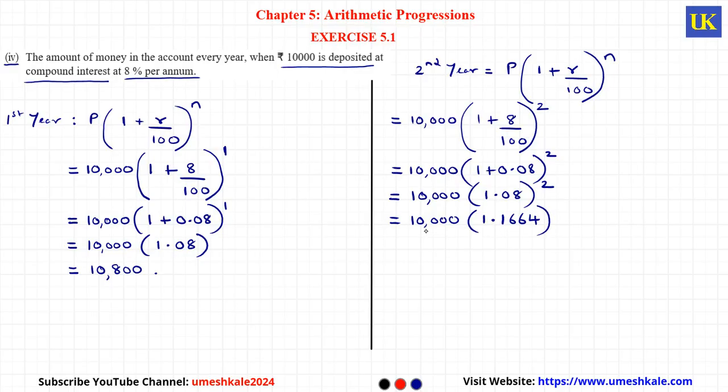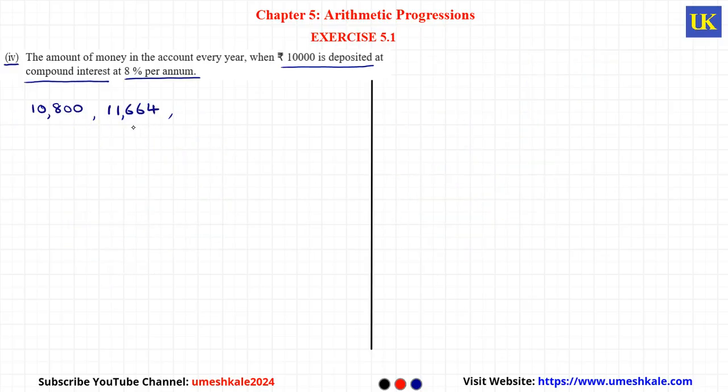And when you multiply with 10,000, it will become 11,664. So this is what the amount will become at the end of the second year. Now we will see what will happen in the third year.